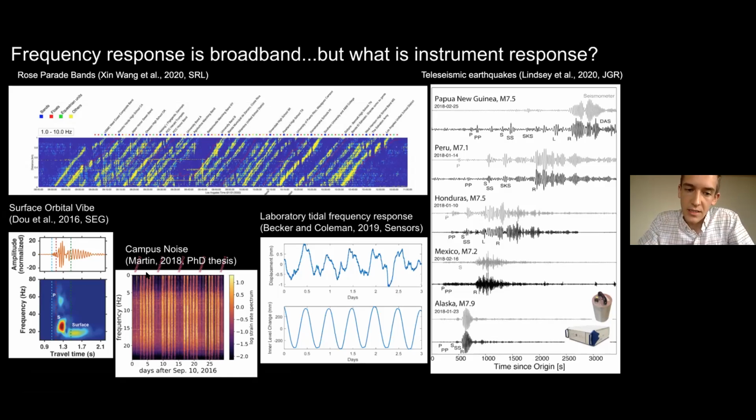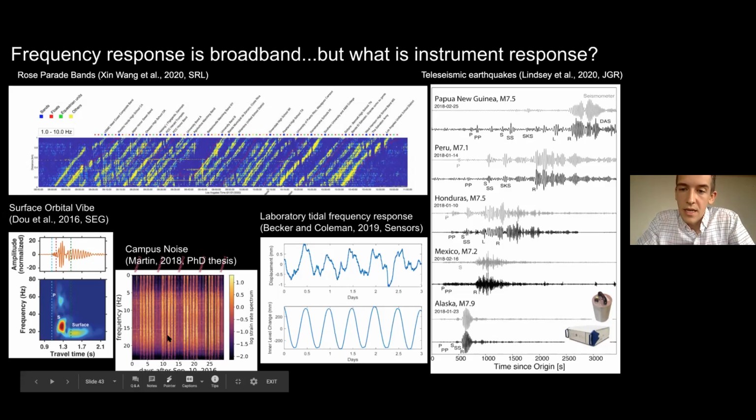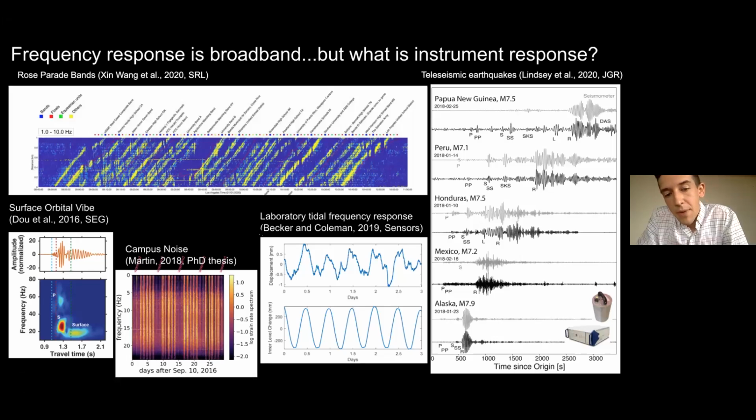Eileen Martin, looking at the Stanford DAS array, saw day-night and also weekday-weekend variability in the noise in this 0 to 20 hertz band. And Thomas Coleman and Matt Becker at Cal State Long Beach did this experiment where they drove the fiber at a given frequency that was the same frequency as the earth tide, so thousands of seconds, tens of thousands of seconds.